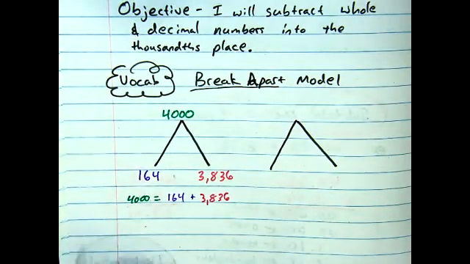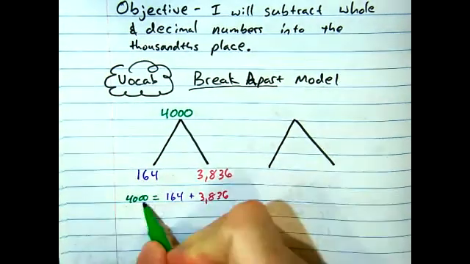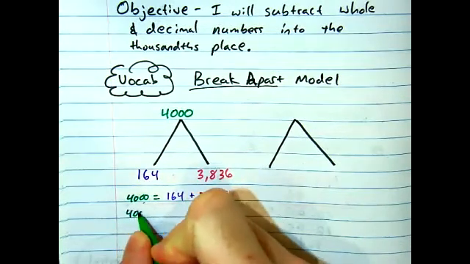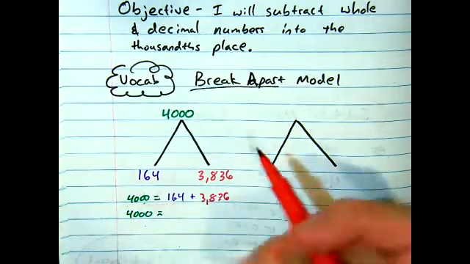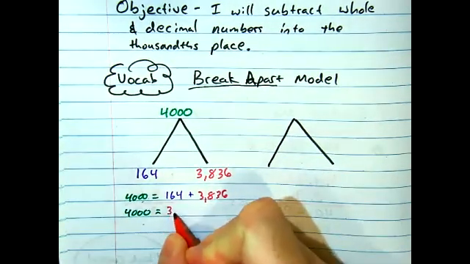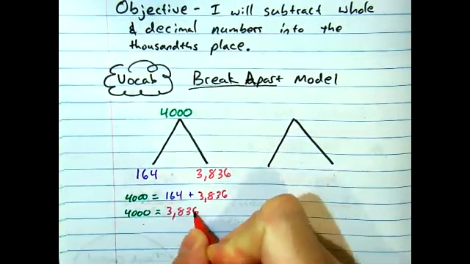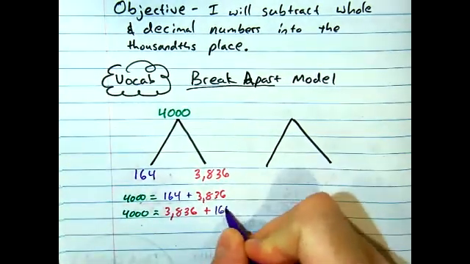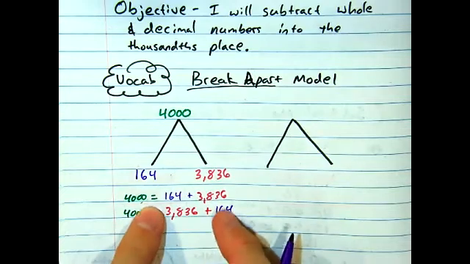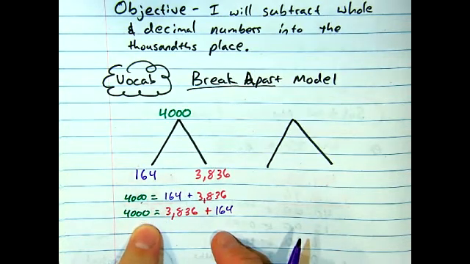Yeah, you're right. I could switch up my addends. Let me keep my answer. Instead of 164, I could move this one, 3,836 plus 164. Are both equations true?